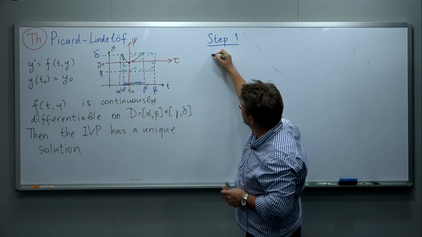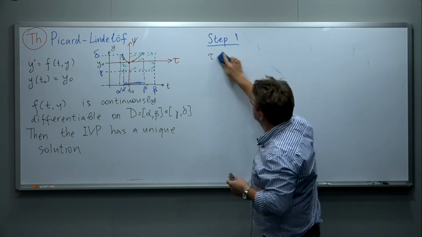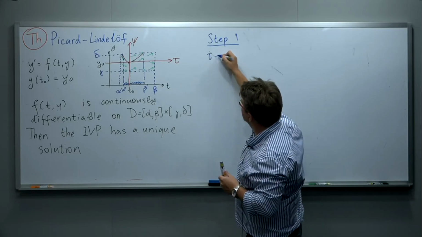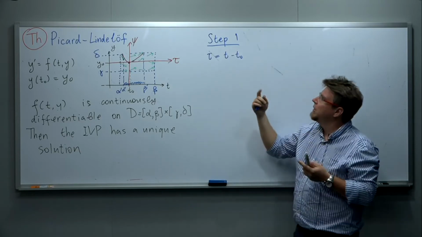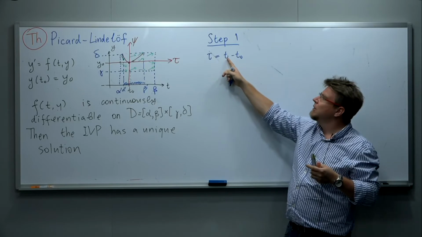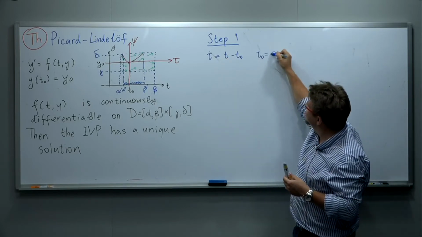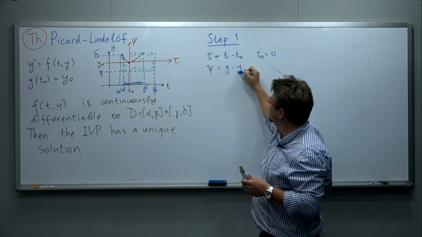So it means that tau, our new variable tau, is t minus t0. So now imagine that when t is equal to t0, tau is going to be t0 minus t0, which is 0. So tau 0 is 0. Now psi is going to be y minus y0.